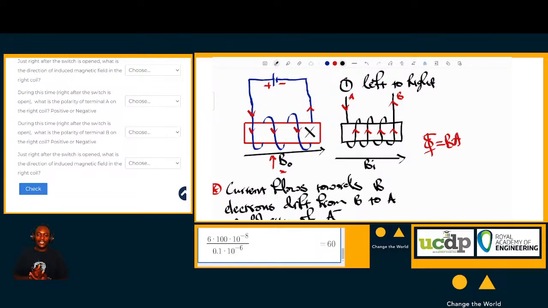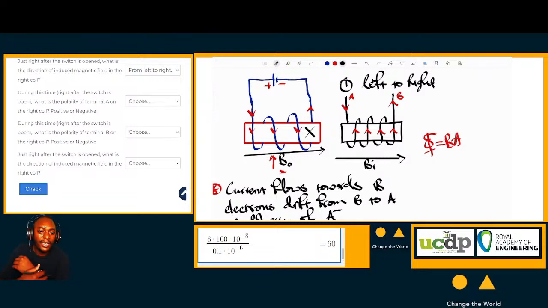If the flux is decreasing, the induced magnetic field will be in the same direction as the original magnetic field. So it's going to be left to right. Now let's try and answer the next one.